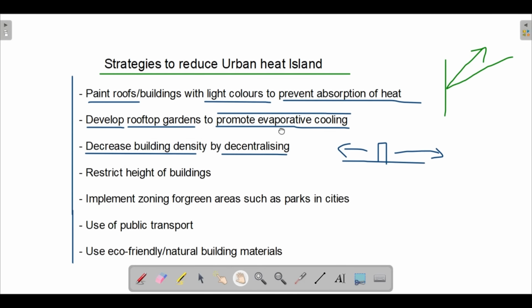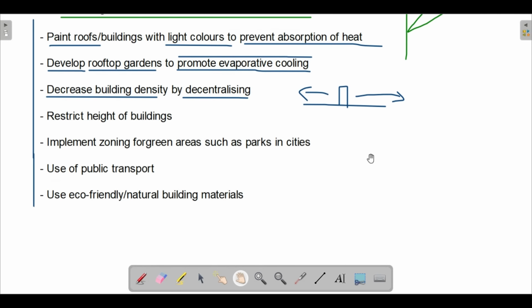Buildings do not have to be in the city center. Move them to other areas where they can also be profitable. Okay, so this will indeed help decrease the temperature by improving airflow, right? Because there's not going to be a lot of buildings that are concentrated in one small area.